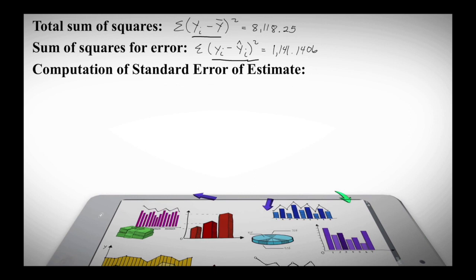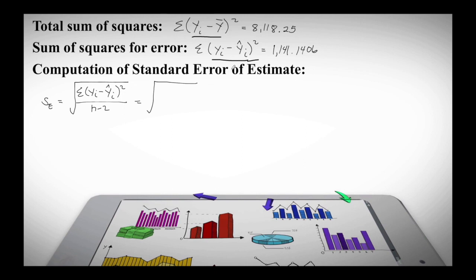Okay, so for the formula for the computation of standard error of estimate, that is denoted by s sub e. For the formula natin dyan, we have here the square root of the summation of y sub i minus y hat sub i squared, all over the denominator natin, we have here n minus 2. As you can see guys, the numerator on our formula is equal to the sum of squares for error.